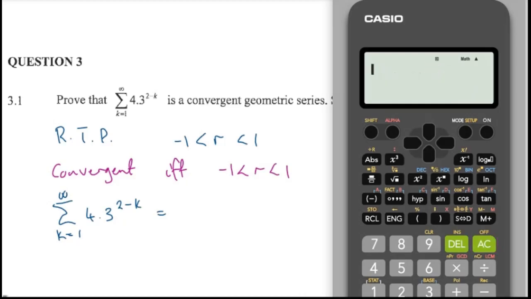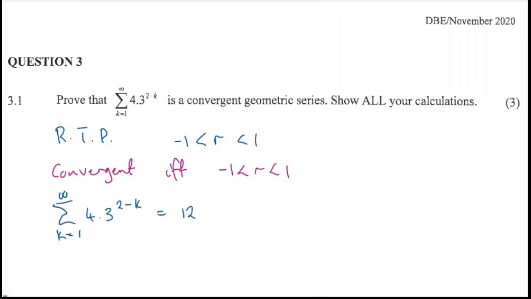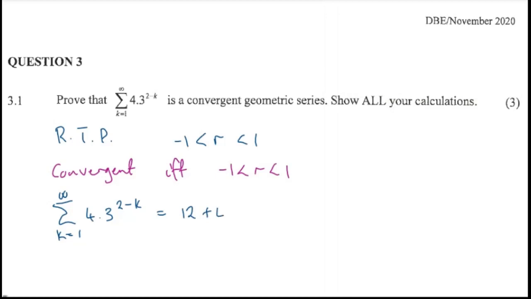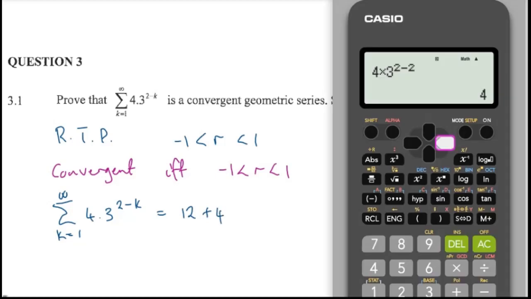We're just going to say 4 times 3 to the power of 2 minus k, with k equal to 1, so let's put 1 there. So that's 12. Next term, replace the 1 with a 2. Then that's 4. Then the third term, replace the 2 with a 3.